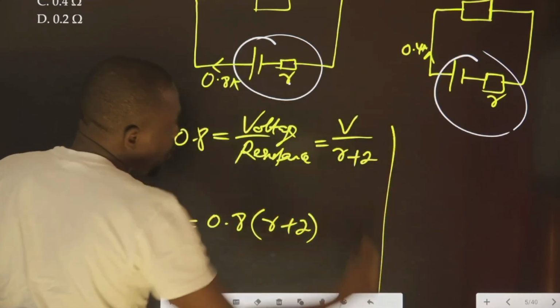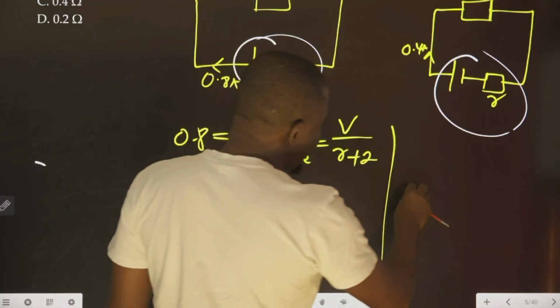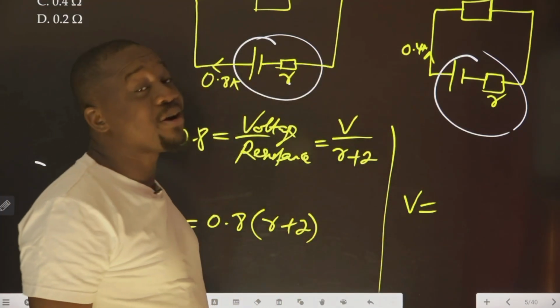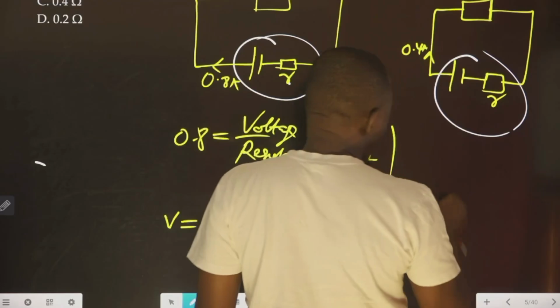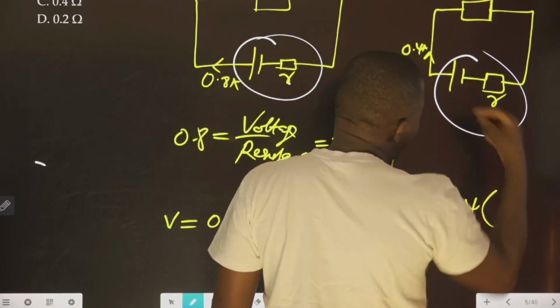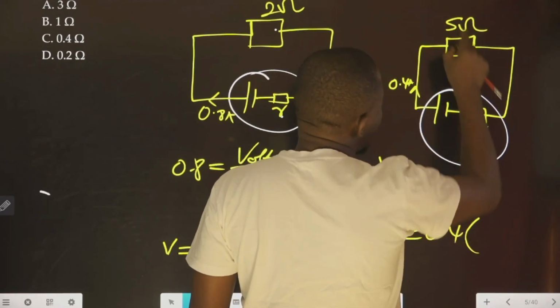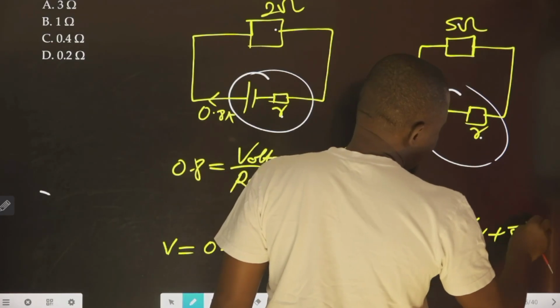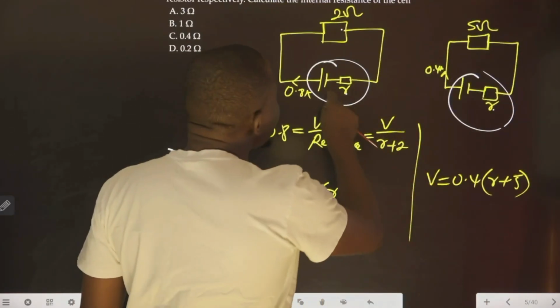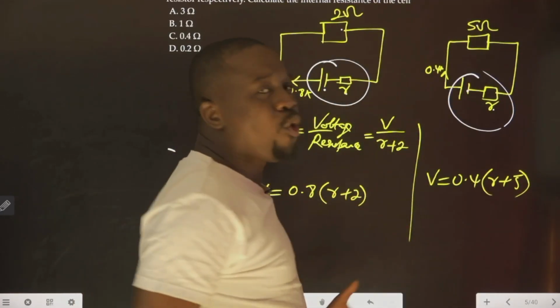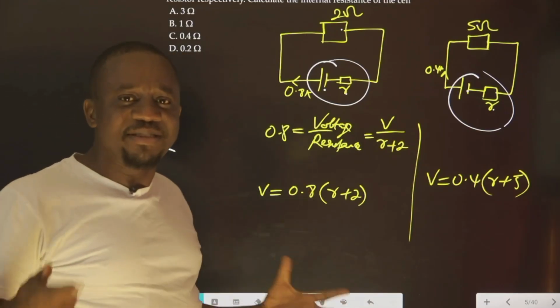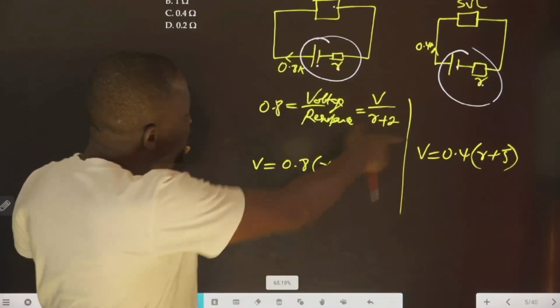Without wasting our time, you know what to do here now. We say here V is equal to IR, that is 0.4, which is the I, the R. But we have 2R here, this and this. We have together plus 5. Now, because the voltage of this and voltage of this are the same, because we are using the same cell, for God's sake, the same cell, then we equate these two.